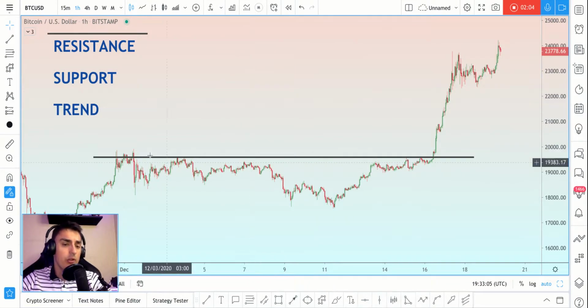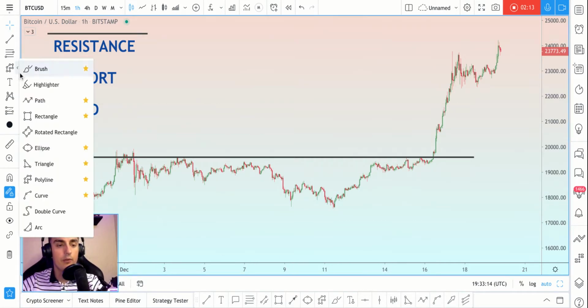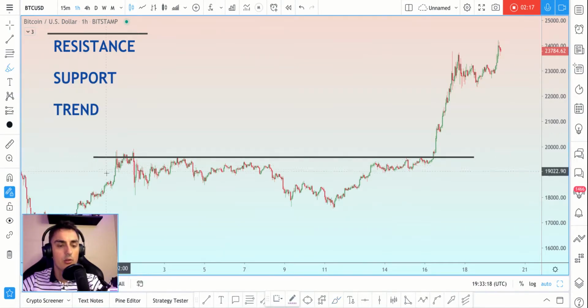It is important just to spot it and to see that the market is continuously trying to come to this line. You see here and here, all these waves trying to get to this resistance, and this was at 19600.